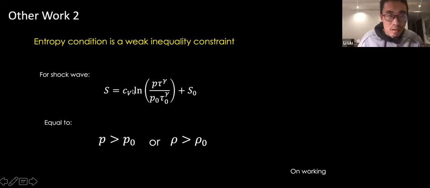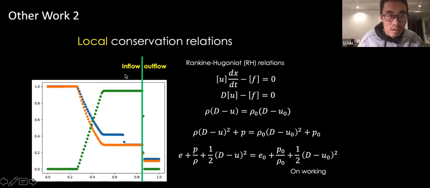In later work, we introduced a local conservation relation, a Rankine-Hugoniot relation. With this relation, we can define the problem and get a physical result.